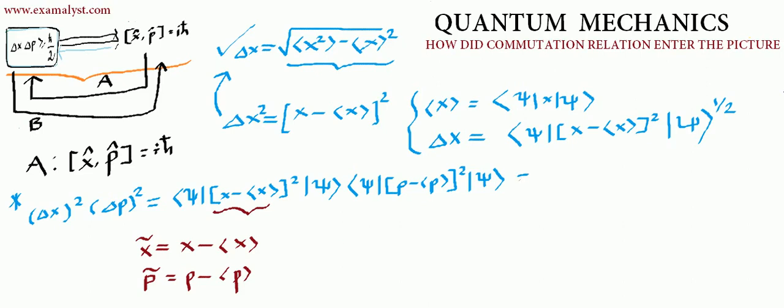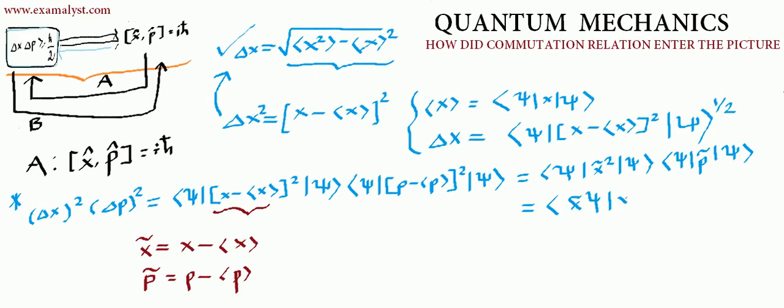So this thing can be written in a very simple way. So it will be psi, x tilde square, psi. Similarly, the other term will be the same with p tilde. And we know that by the Hermitian property of the operators, this thing can be written as x tilde psi and x tilde psi.